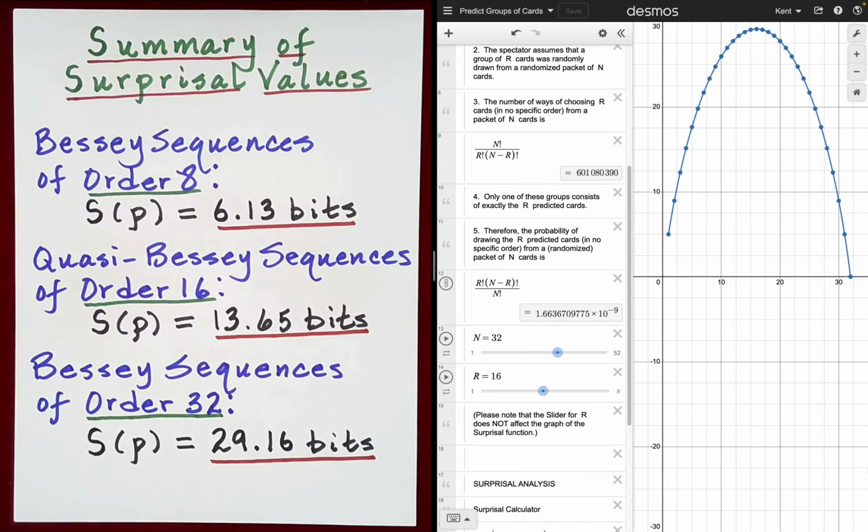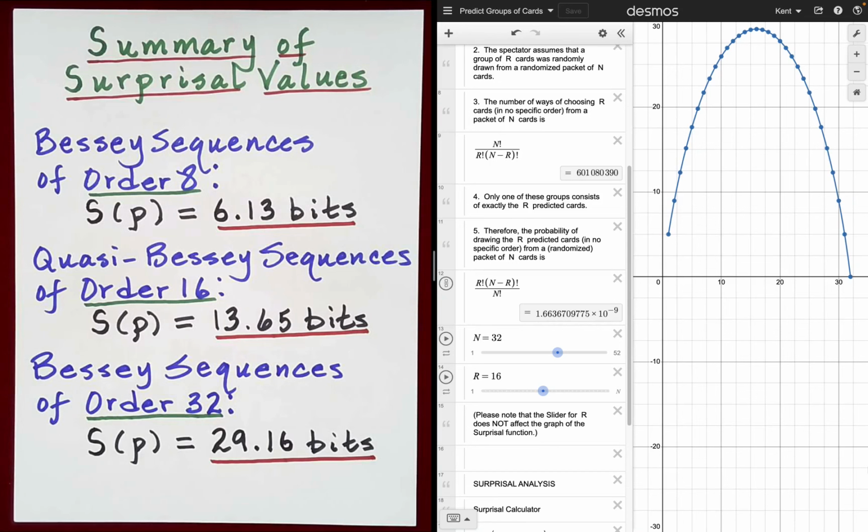And the other interpretation that we gave that's quite fun is the 6 bits for Bessey sequences of order 8 is the level of surprise associated with scoring 100% on a true-false quiz for which you did not study and you randomly guessed answers. For Quasi-Bessey sequences of order 16, it's similar to a 14 true-false question quiz in which you nail it even though you randomly guessed on all of the answers.